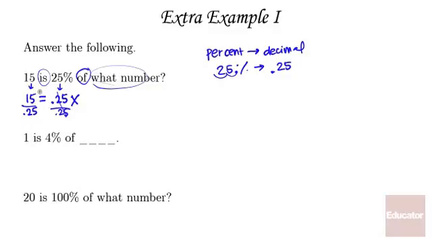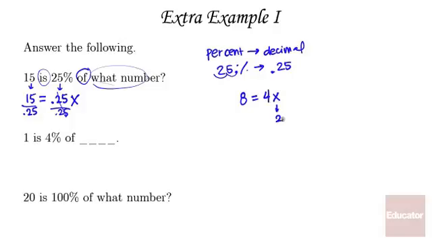Another way to explain why we have to divide: let's say I have 8 equals 4x. If I have 4 times a number equals 8, what do I know about x? Isn't 4 times 2 equal to 8? So I know x has to be 2.